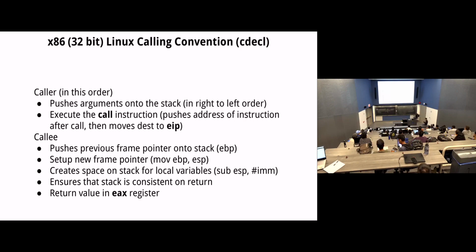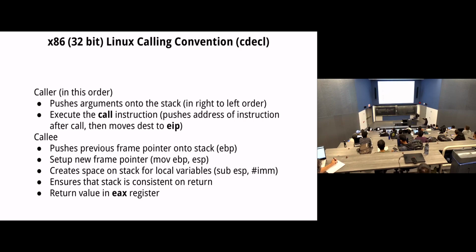If there are multiple arguments, we push the rightmost argument first, one by one, to the stack. Then it will execute the call instruction. The call instruction does what I just showed you: it will push the address of the next instruction to the stack, then move the destination to EIP. Now, after this step, we are in the callee, right?